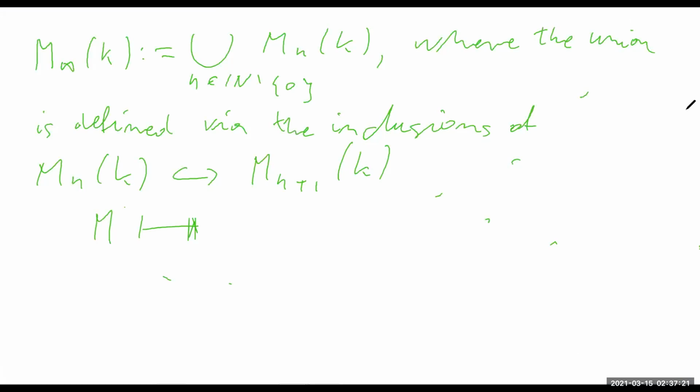Sorry about this. So I view an n by n matrix as an n plus 1 by n plus 1 matrix, in the obvious way: I put M in the upper left corner, and I put zeros around. This is what makes sense out of the union, and this space of infinite matrix algebra is in fact the algebra of all finite matrices.